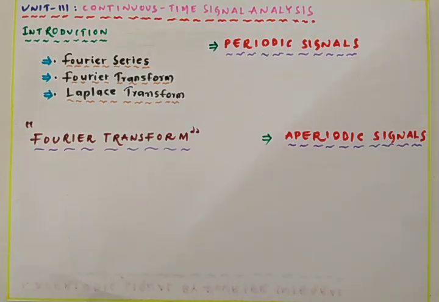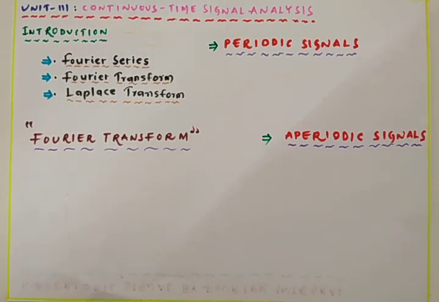X of t is a continuous time signal, in which x of t is the amplitude of the signal, whereas t is the independent variable, that is time. So whenever we are representing a signal with respect to time, that is called a time domain signal.